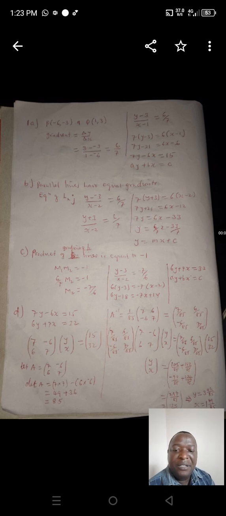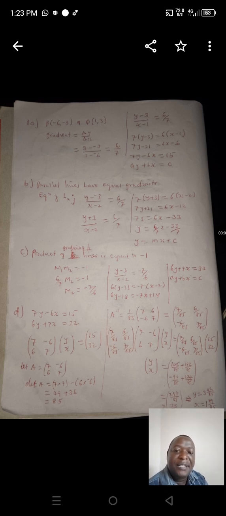But the gradient of L1 is 6 over 7. So 6 over 7 times M2 is equal to -1. Therefore, M2 is equal to -7 over 6. We have been told that the line passes through point (2, 3).